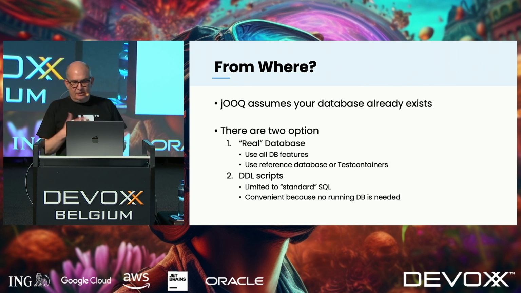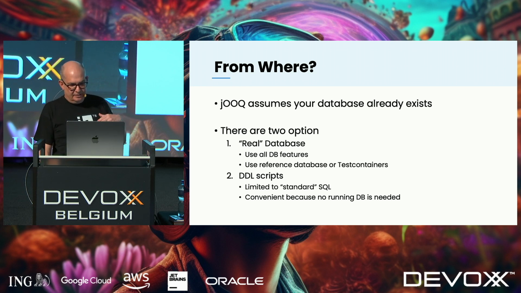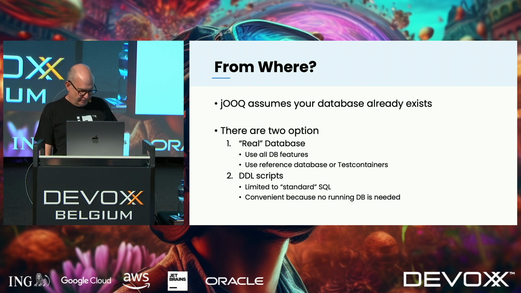Now, where should jOOQ take the database from? There are two options. Either you can use a real database, meaning the database that is running somewhere. Some of my customers have kind of a reference database, and they're using that. Why don't they use test containers, by the way?